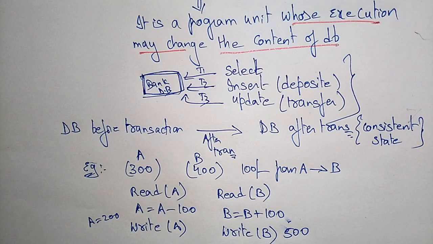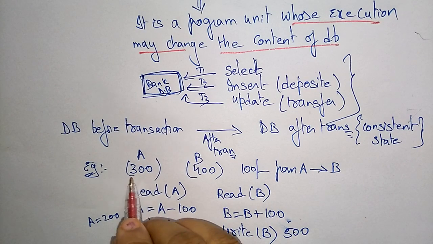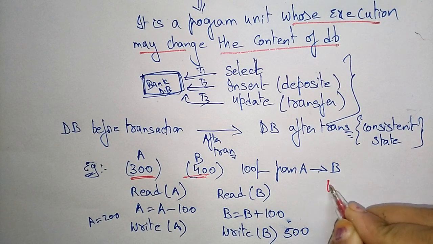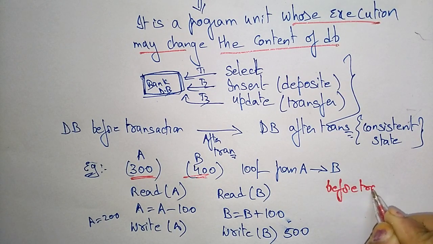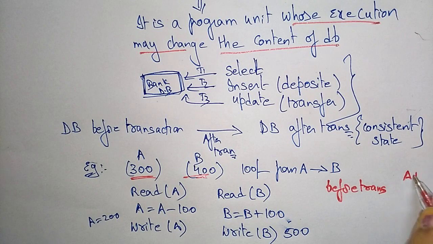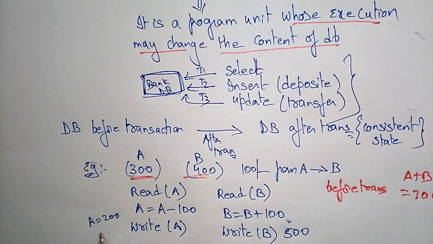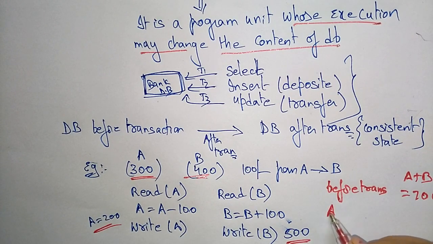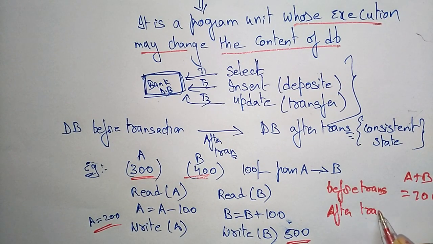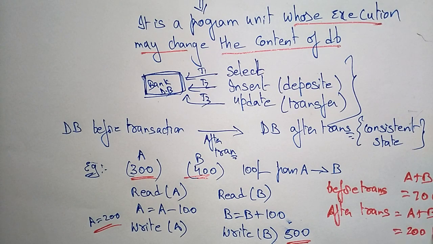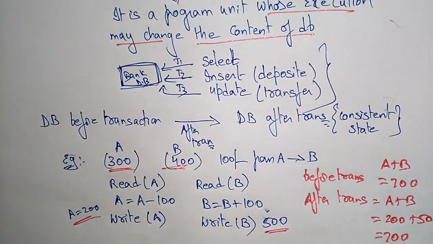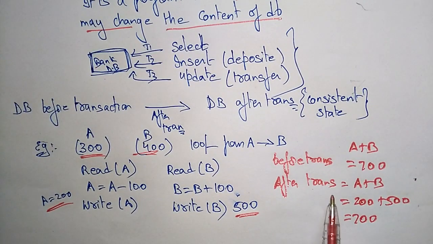Here you have to observe that before the transaction, the account values A plus B is 700, that is 400 plus 300. After the transaction, A plus B is 200 plus 500, which is 700. After the transaction A plus B is also 700.